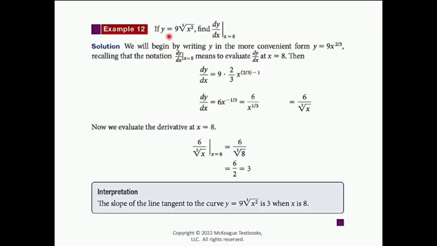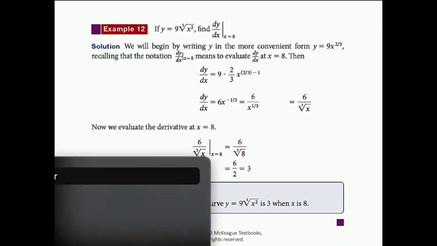Looking at example 12, we have y is equal to 9 times the cubed root of x squared. This notation here is an extension of the Leibniz notation, and this is basically saying we're going to find the derivative dy dx, and this line with the x is equal to 8 here is another way to say, and then evaluate it at x equals 8.